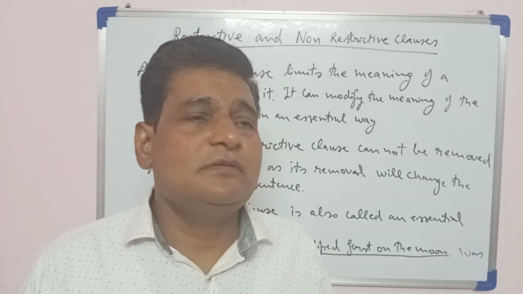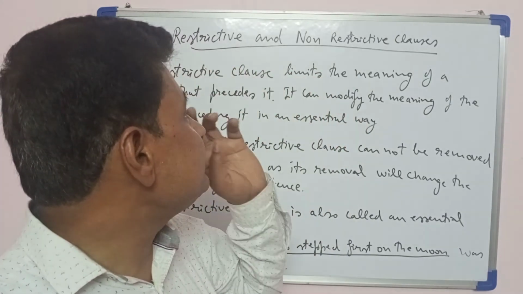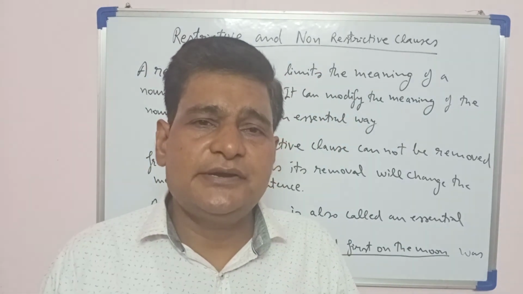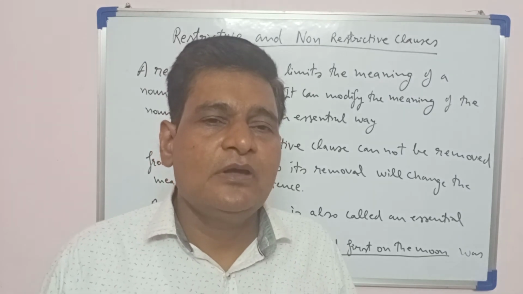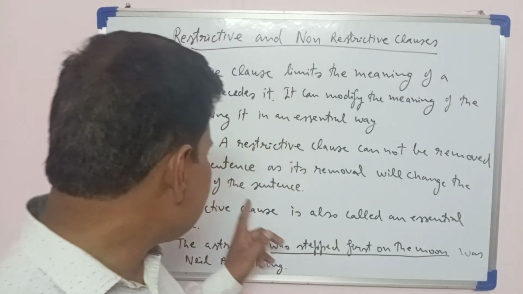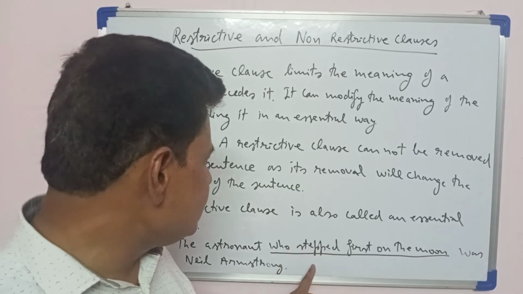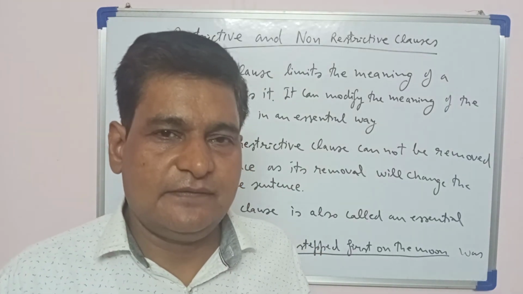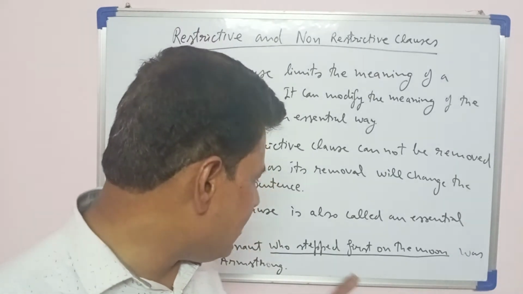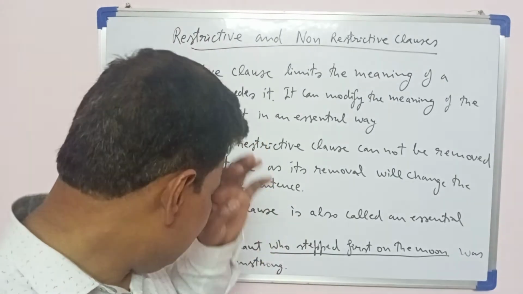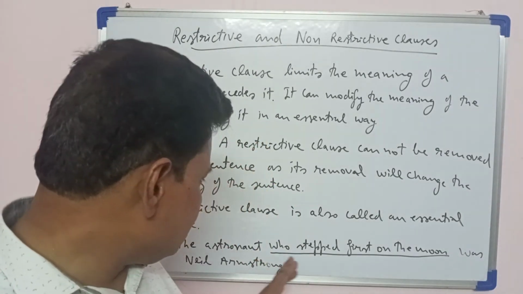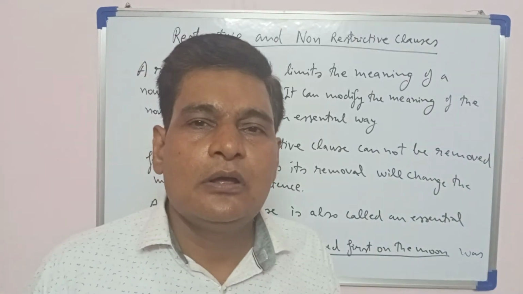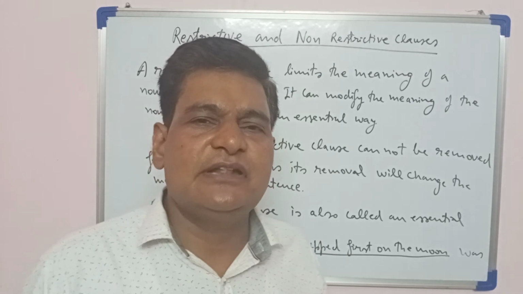Both these clauses are called adjective clauses and relative clauses. This is the example: it cannot be removed. If you remove it, it changes the meaning of the sentence. You can easily understand: the astronaut who stepped first on the moon was Neil Armstrong. If you remove it, then it will change the meaning.